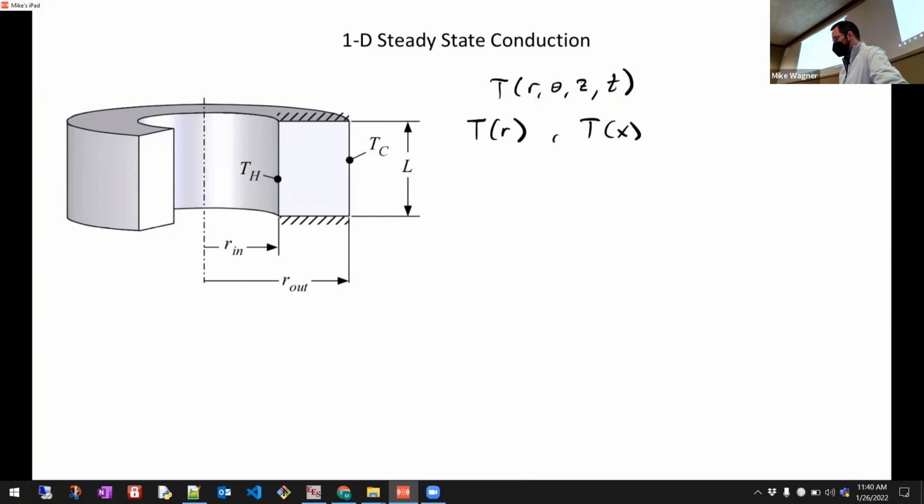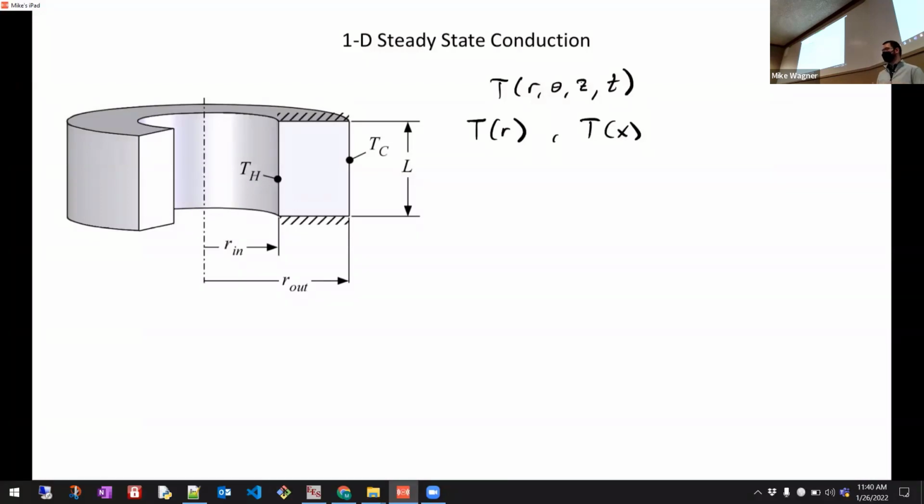Okay. So in our first couple lectures, we're going to talk through 1D steady state and work through some problems there. These problems you can almost always solve analytically or numerically. Analytically would be: we do a control volume analysis, we come to an energy balance, and then solve the differential equation, and have an analytical expression for temperature.